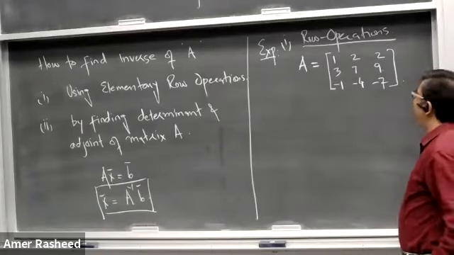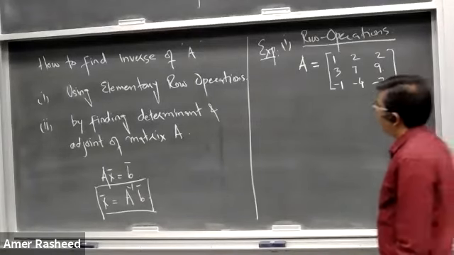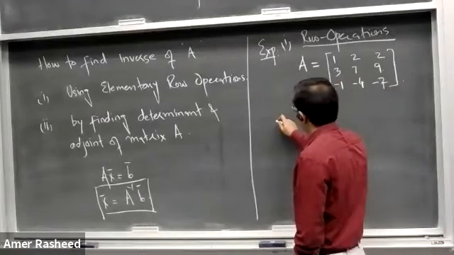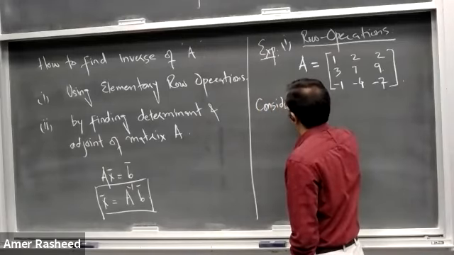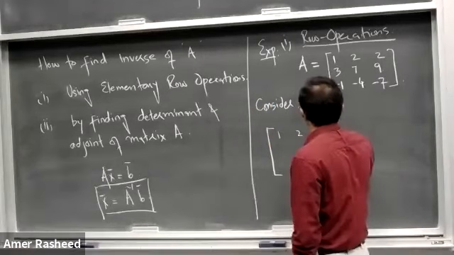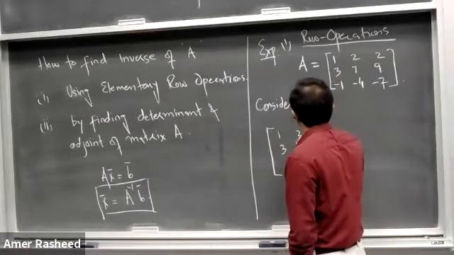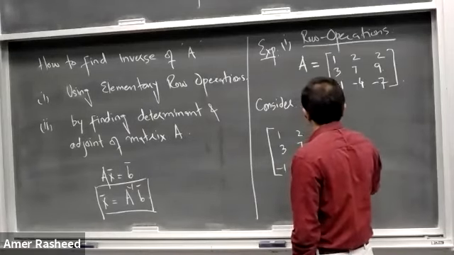In order to find the inverse of this matrix, we write another matrix. First you write the matrix A, which is given, 3, 7, 9, -1, -4, -7.